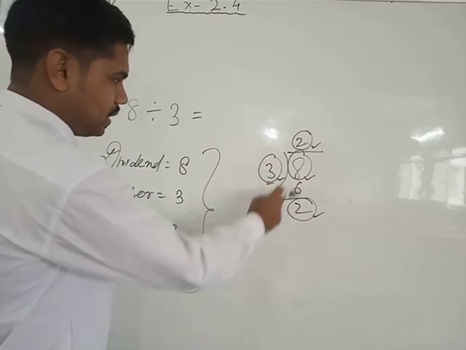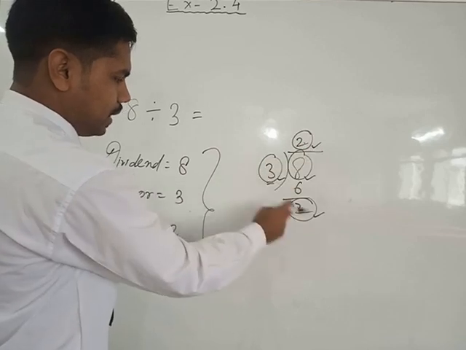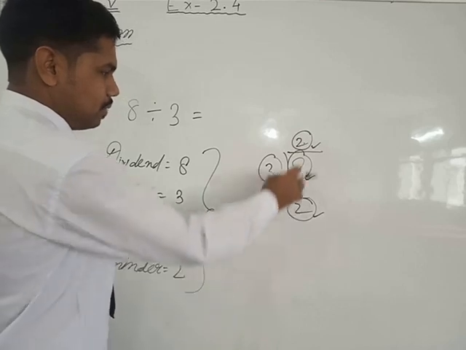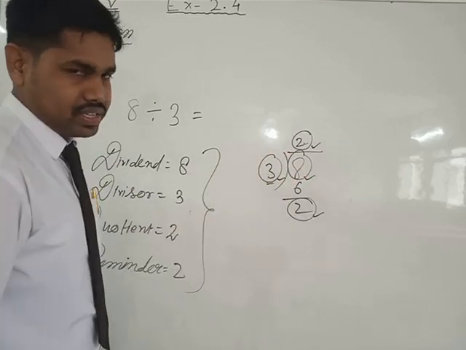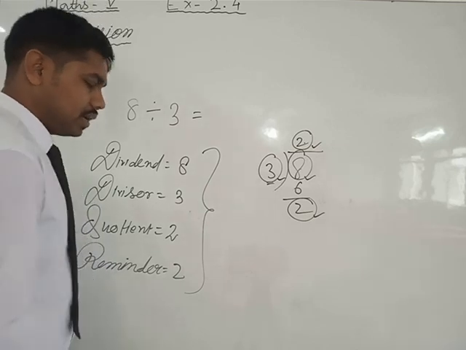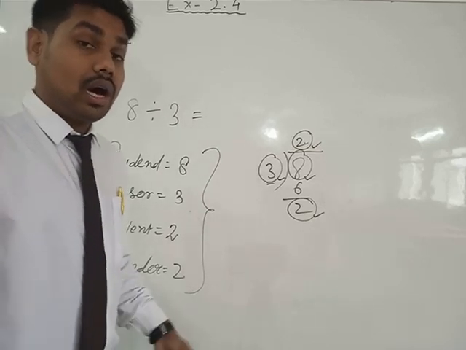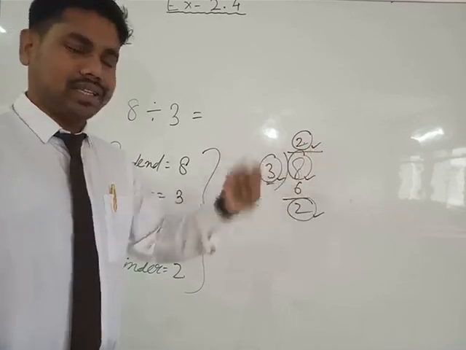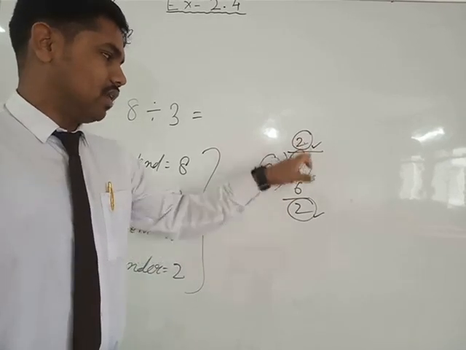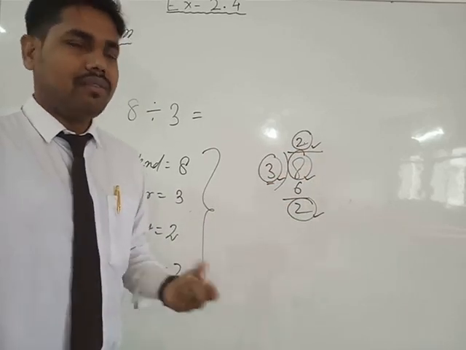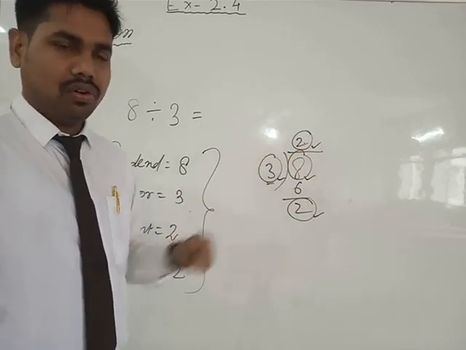Sometimes the quotient, remainder, and divisor are given and you have to find the dividend. So you can find out these terms when the other three are given. There is a relation between all four.